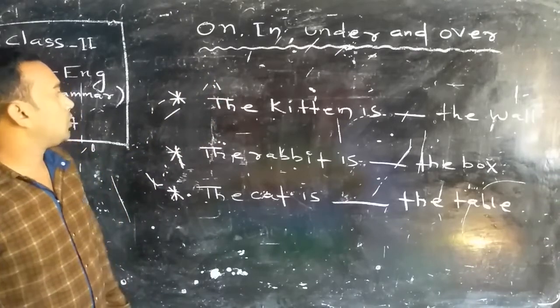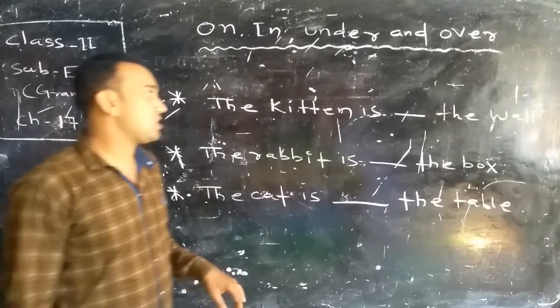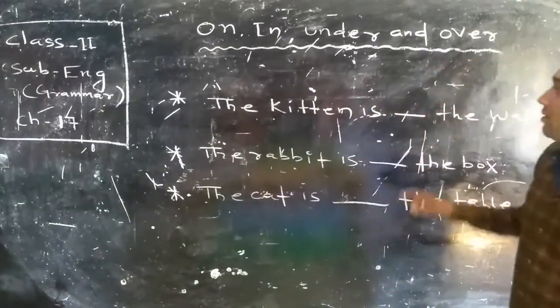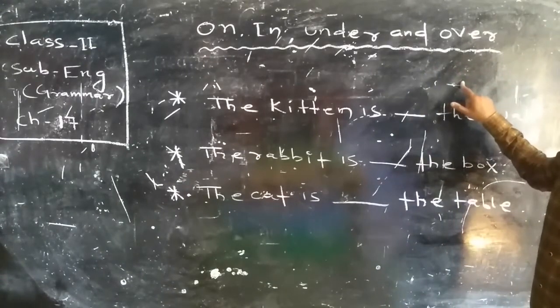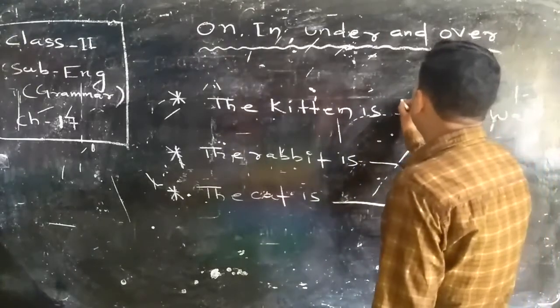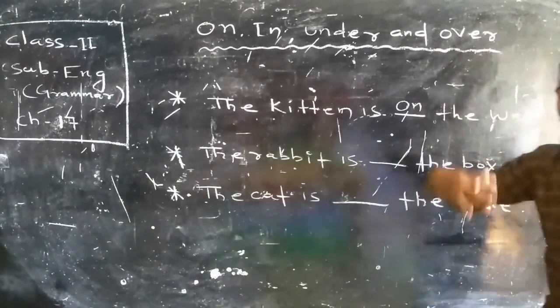So what do we use? First number, the kitten is dash the wall. So हम लोग को लगाना है, kitten जो है वॉल के ऊपर है. You have to see. इसलिए हम लोग लगाना है on. On means ऊपर.